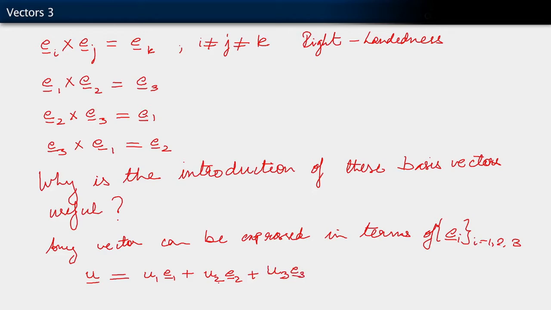The scalars u1, u2, u3 are called the components of u in this basis.